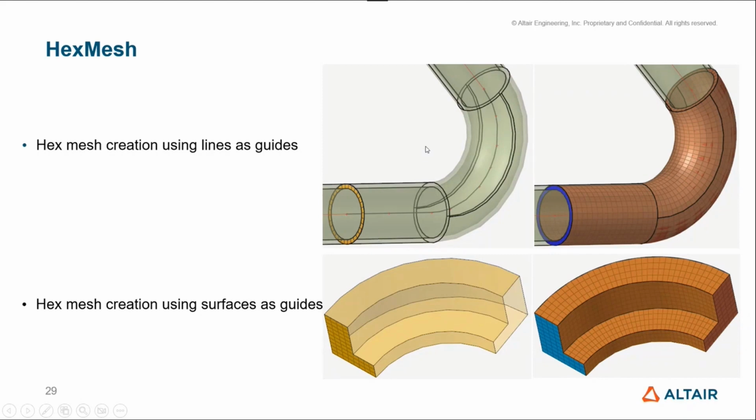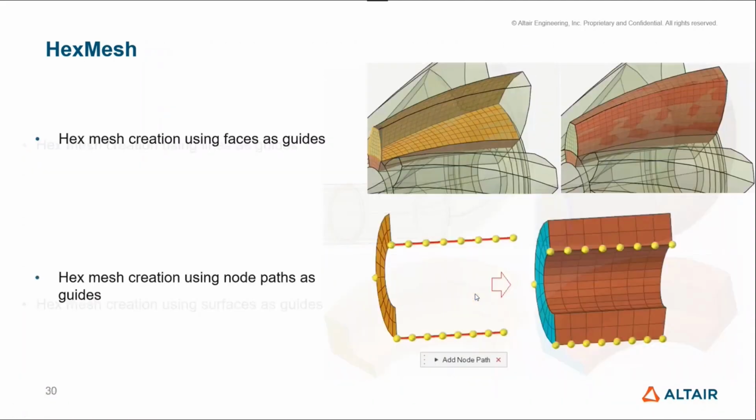So now with this announcement, we have made the midline creation algorithm robust, and the user can select those solids to get the midline, make use of these elements as a source, and then select the midline to get the mesh. The bottom example is where the user could use either surfaces or lines to drag or create hex as a guide.